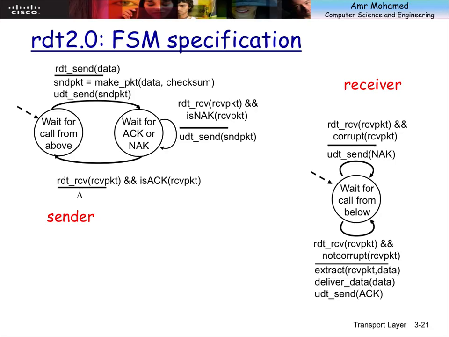So in that case, for reliable data transfer, when I receive a segment from the application, if I see a segment in the socket buffer, I will take this segment, make the packet, and send it. Easy. When I do this, I have to wait for an acknowledgement. That's another state.